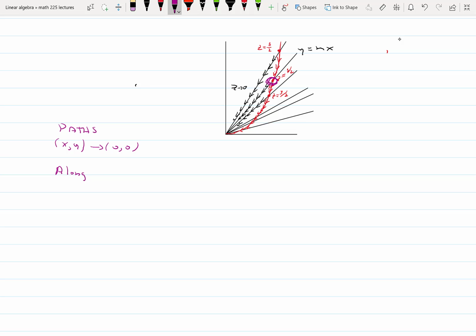What should you choose for paths? Paths for (x, y) approaching 0, the origin. So maybe try along the x-axis, along the y-axis, along y equals x. Then if you still get the same limit, try y equals mx. Try every line through the origin except for the x-axis.